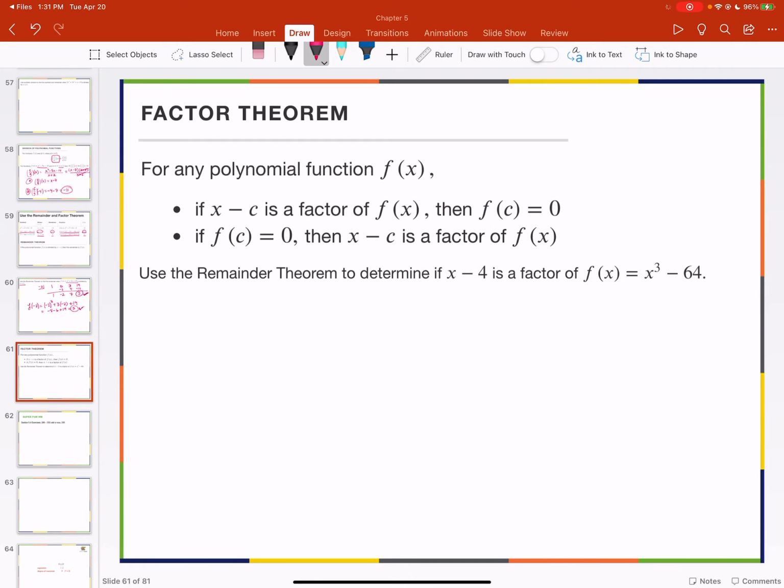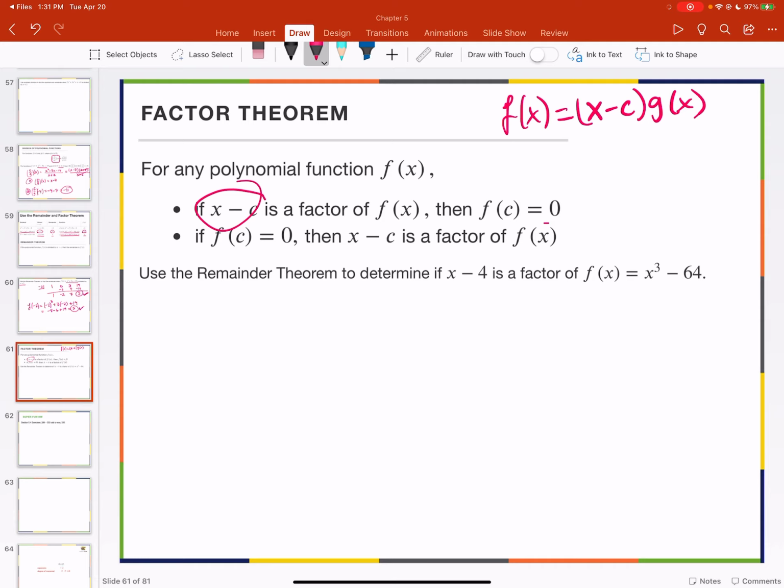Okay, there. Also, a special case of the remainder theorem is the factor theorem. Basically, if you have a term that evenly divides into a polynomial, then it's considered a factor. And not only that, the function evaluated at this point is equal to 0, which makes sense because if it's a factor, that means f of x is equal to x minus c times some other function.